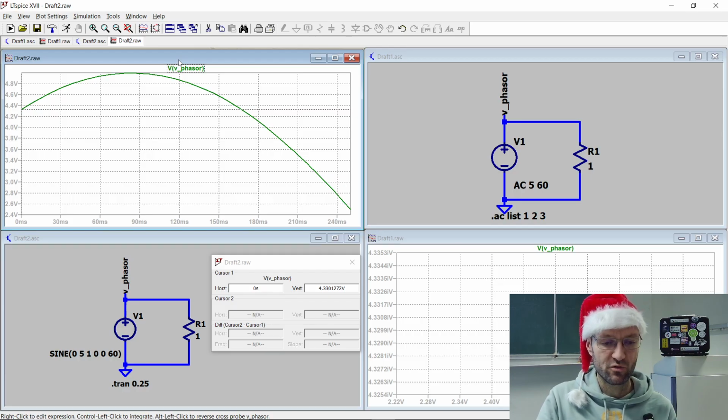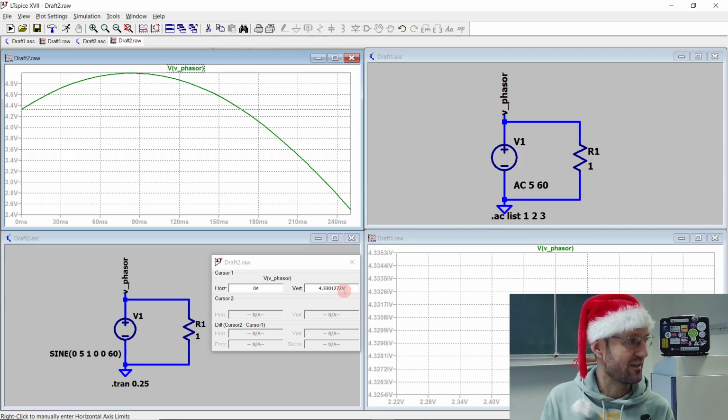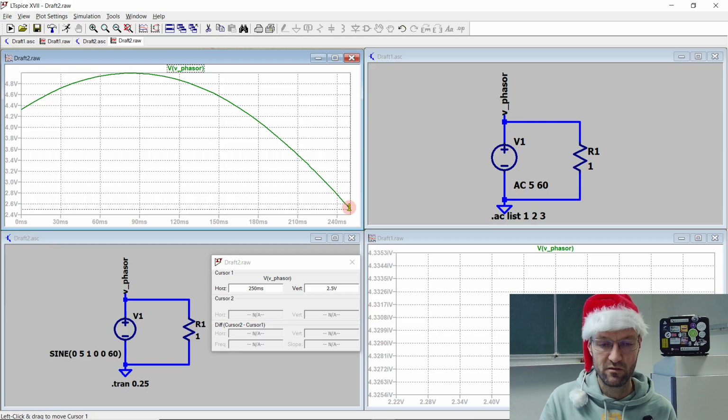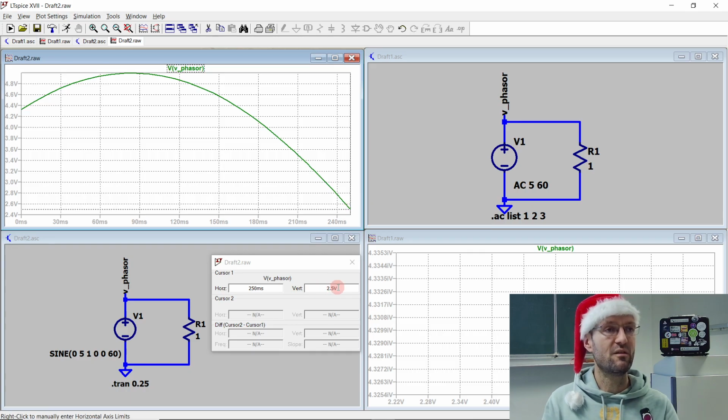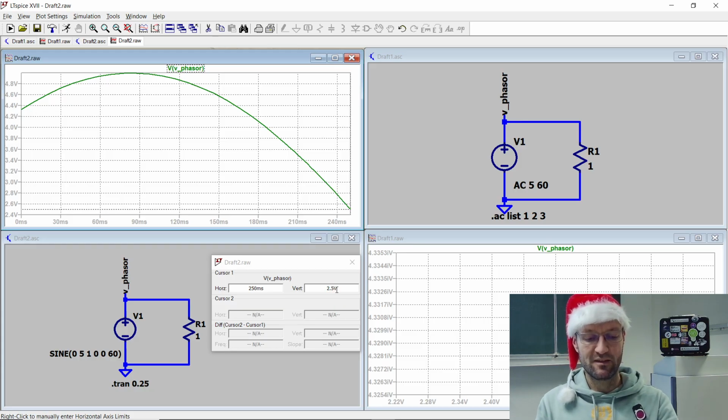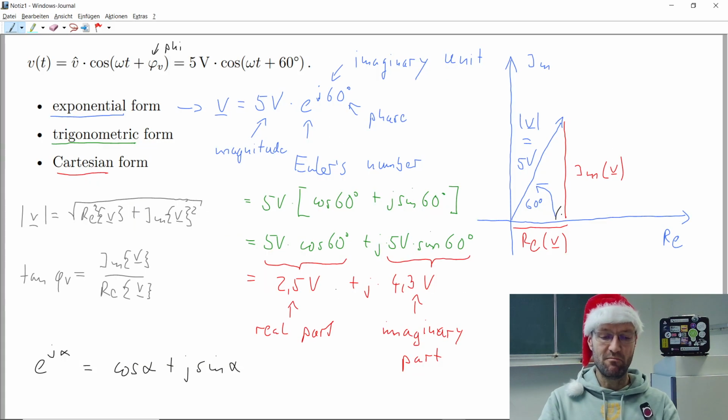If we move the marker to this position, here at the very beginning, you can see this is our imaginary part, the sine function term, 5 volt times sine of 60 degree. And if I move the marker all the way to the end, it's the 90 degree phase shifted sine, which is a cosine function, and this is the real part of our complex number.